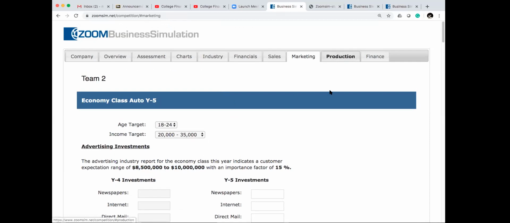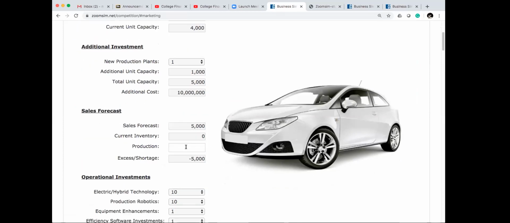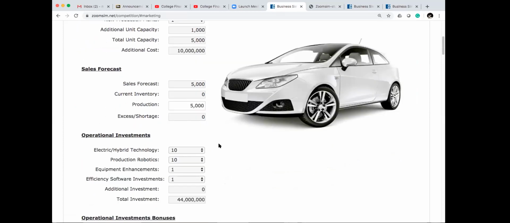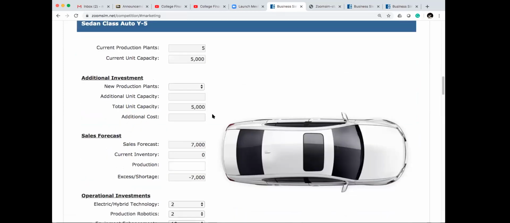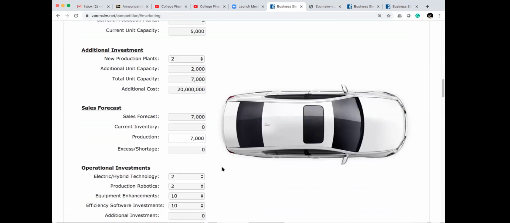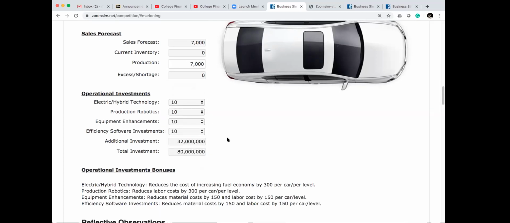So I'm just going to move into production and I'll buy my new production plant. I'll make my new cars. And then I'm going to greatly increase my operational cost reductions again, because this is what is going to get me points next round, because anytime you increase your operational cost reduction, you get points.